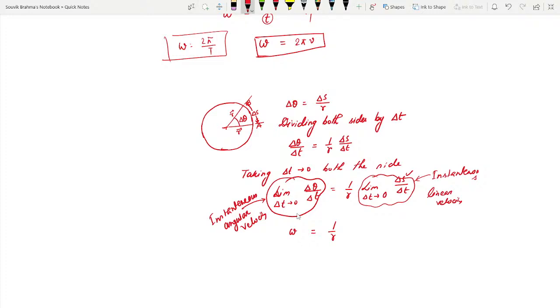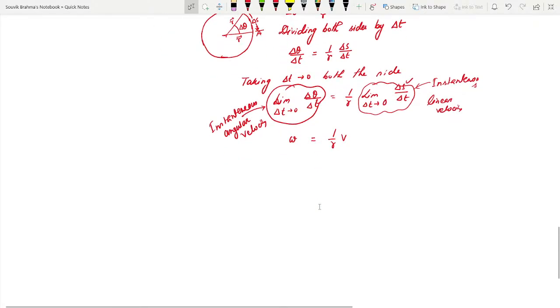Okay, so limit delta t tends to 0, delta s by delta t is nothing but instantaneous linear velocity. So you have to replace it with v.